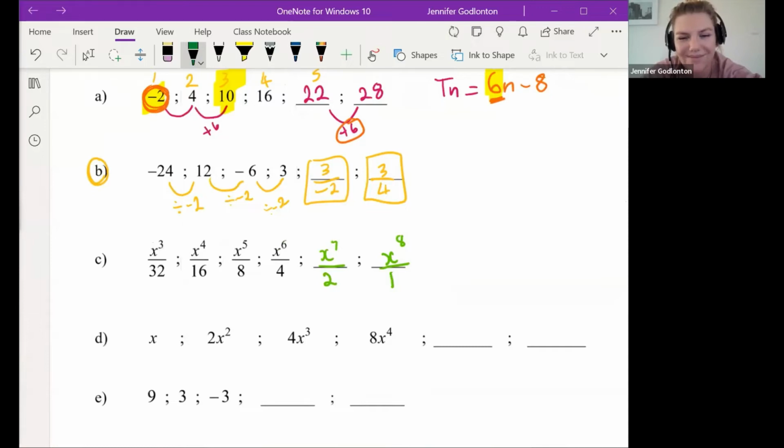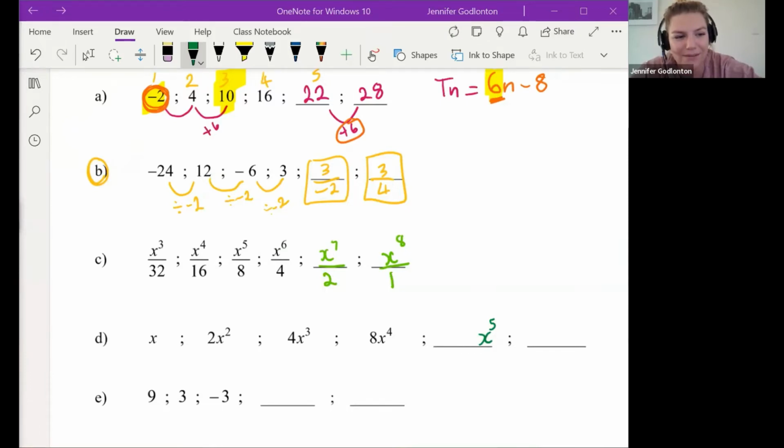Oh, sorry, ma'am. My audio just disconnected. So I think it would be 10 x to the power of 5. Okay, I like the x to the power of 5. But not the 10. Is it 12?